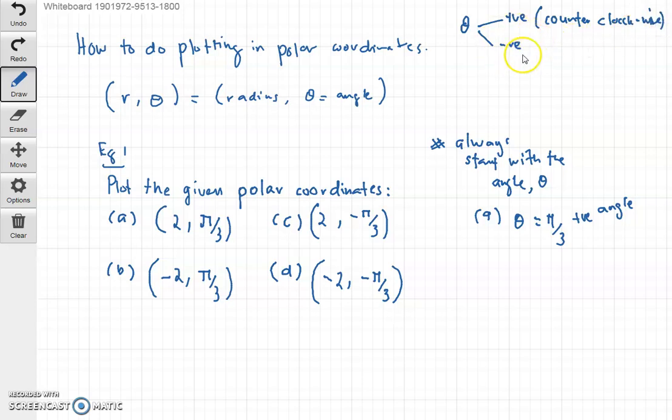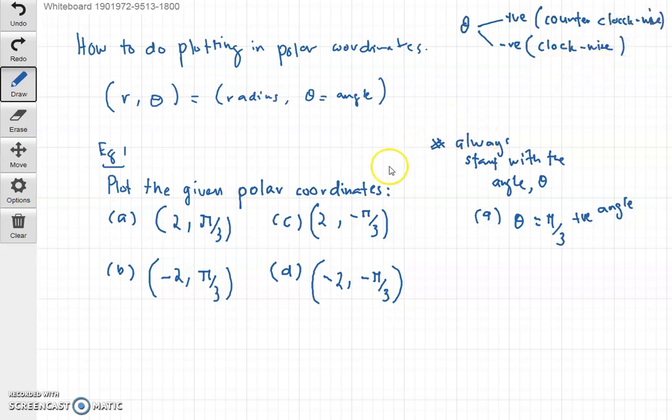But if we deal with a negative theta, we are going to plot our point by using the clockwise direction. What does it mean by that?